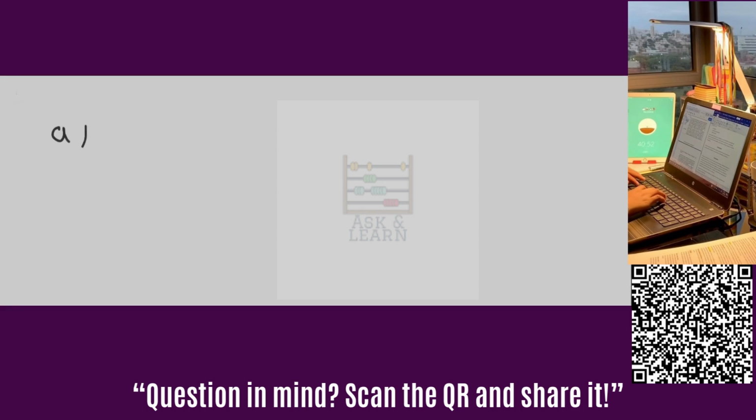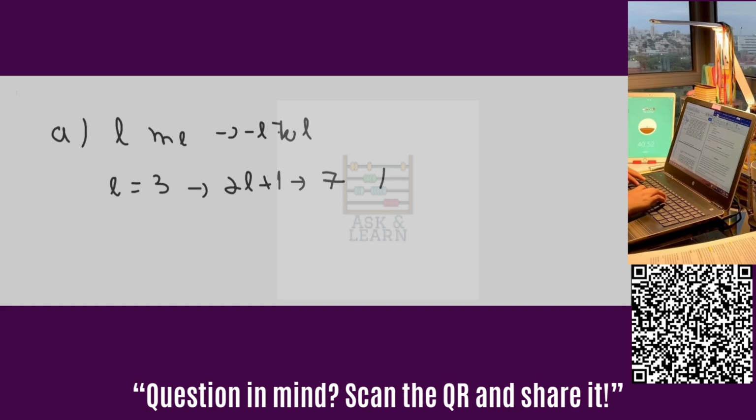So for part A, for a given L, ml varies from minus L to L. If we have L equals 3, the number of values is 2L plus 1. This is 7.